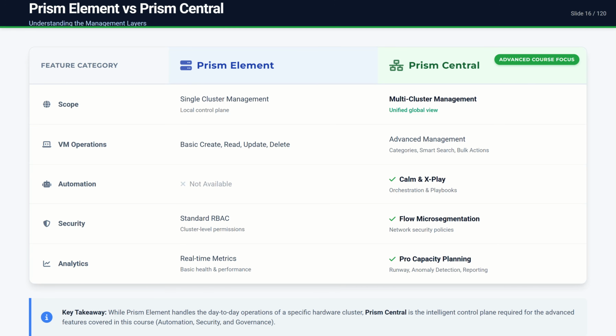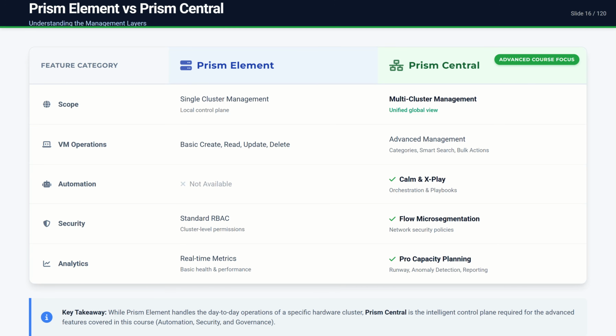Next, we have VM operations. In Prism Element, you get the basics: create, read, update, delete operations. It's straightforward VM lifecycle management. But in Prism Central, you get advanced management capabilities like categories for organizing VMs, smart search to find virtual machines quickly across thousands of virtual machines, and bulk actions to manage multiple VMs simultaneously.